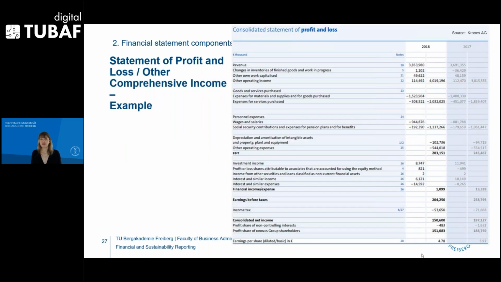And again, an example from a consolidated statement of profit and losses, and we start then with the revenues. We have the different categories of expenses, also disclosed separately to each other, in this profit and loss statement.